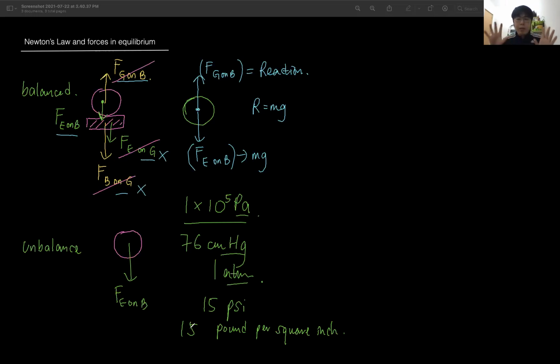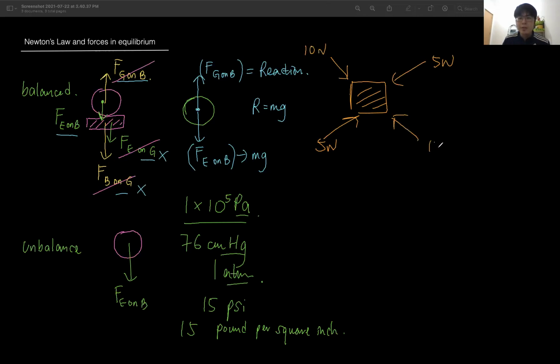No matter how large the force is, you can give 1 million newtons here, 1 million newtons here, we don't feel the effect. There's no effect. No matter how large the force, they all cancel out each other. So in a balanced system, when you have an object with a force in this direction, and a force in the opposite direction, they cancel out algebraically.